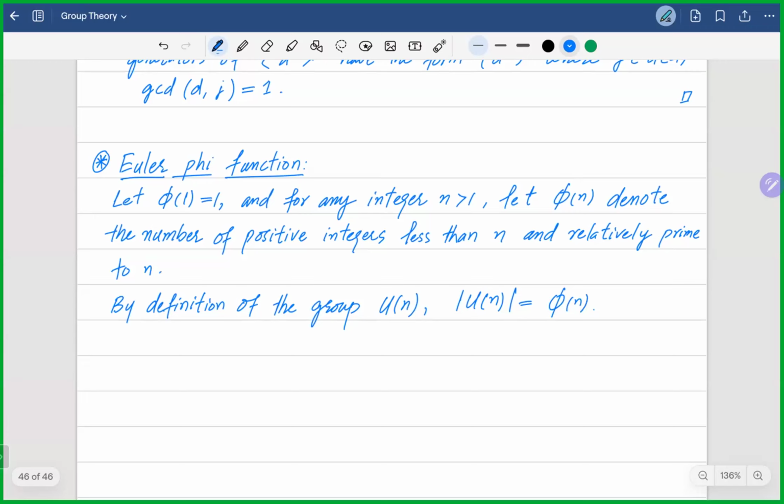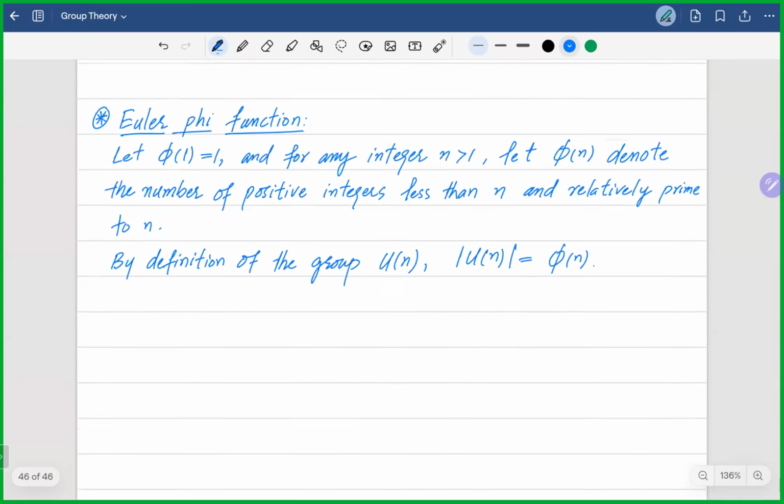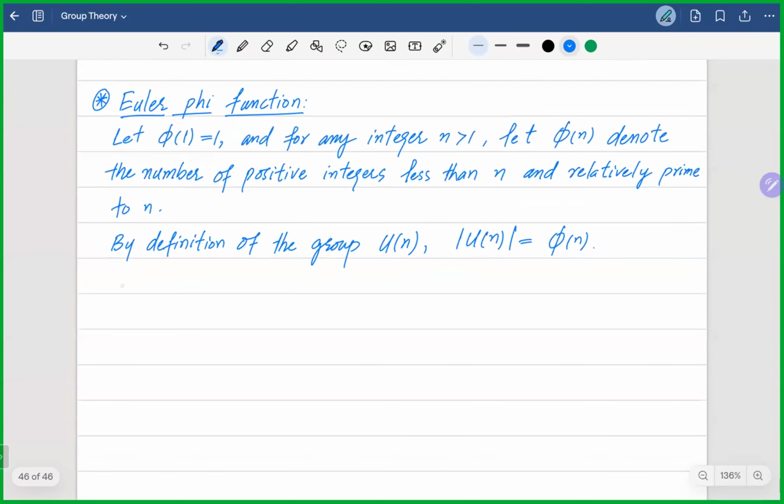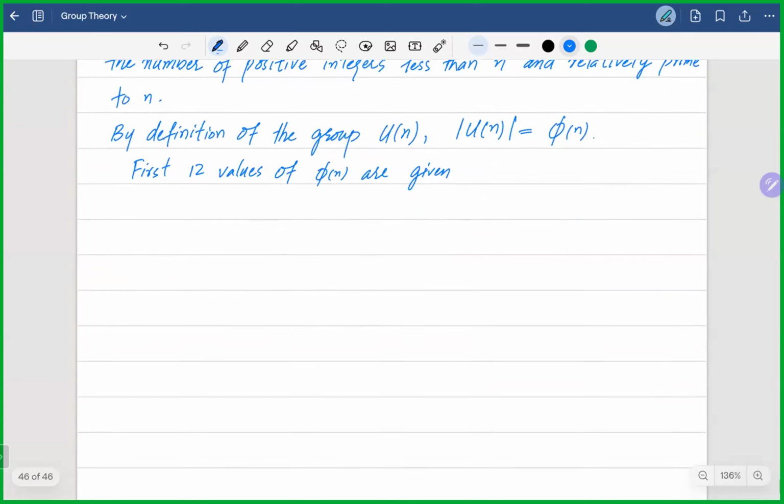So in U of n, we store all those elements which have GCD with n equal to 1, but phi of n counts the number of all those elements. That's the difference. So the first 12 values of phi of n are given in the table.